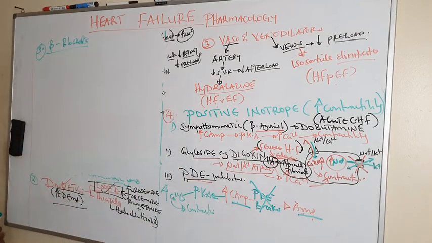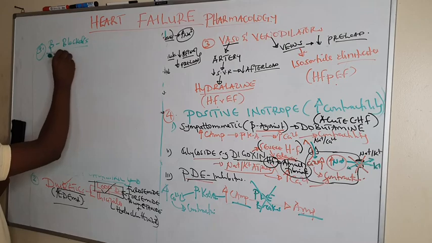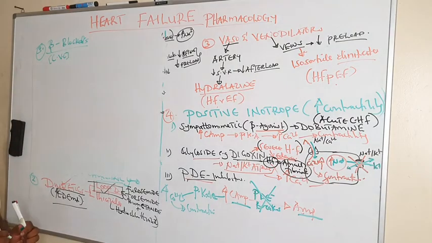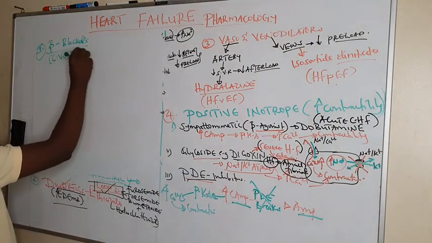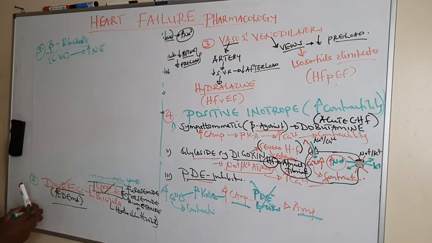When there is a decrease in the cardiac output, there is a stimulation of the cardiovascular center in the medulla oblongata, which leads to increased production of the neurotransmitter norepinephrine.